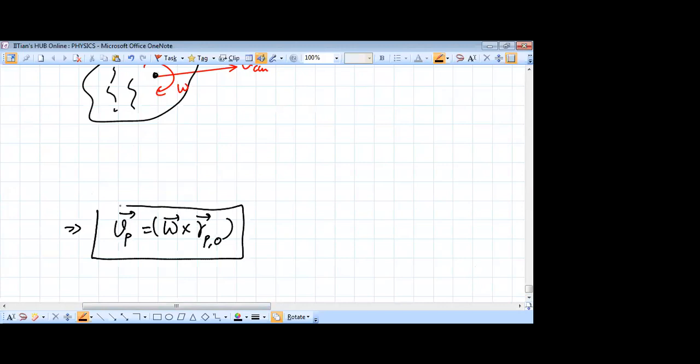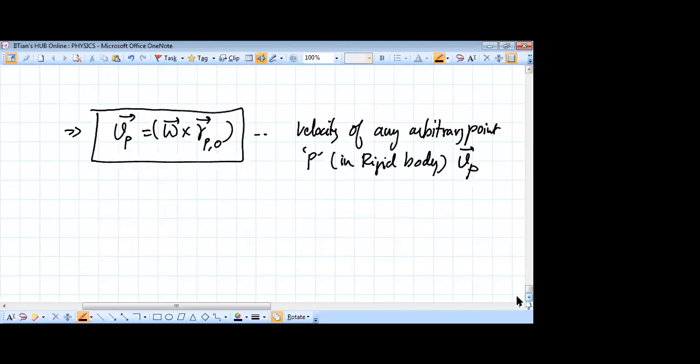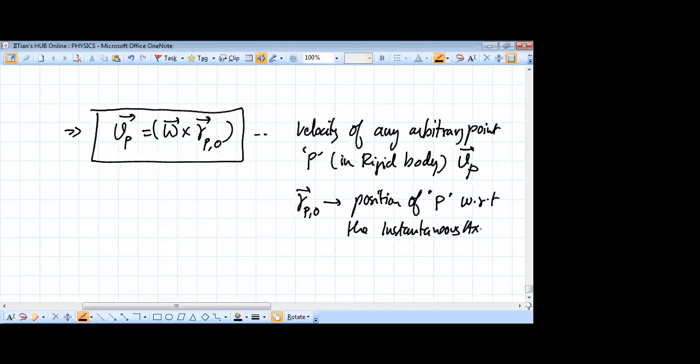So it implies that the velocity of any arbitrary point P in the rigid body, Vp, has this relation with respect to the position of that point P with respect to the instantaneous axis. So that's the first thing.